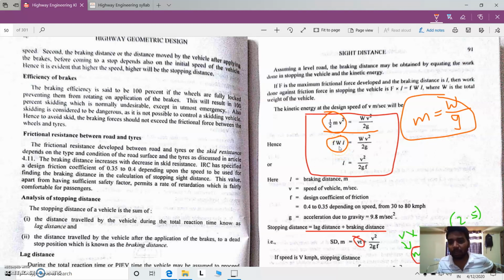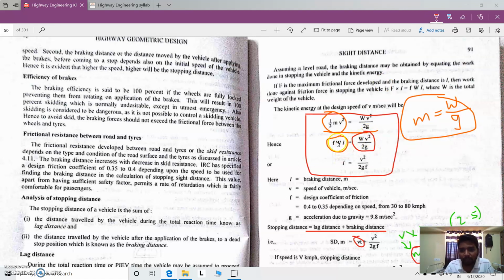That means whenever the vehicle is traveling with a speed, the friction coefficient is considered for the total weight of the vehicle with the distance traveled, that is F into W into L. We equate this FWL to the kinetic energy of the body.